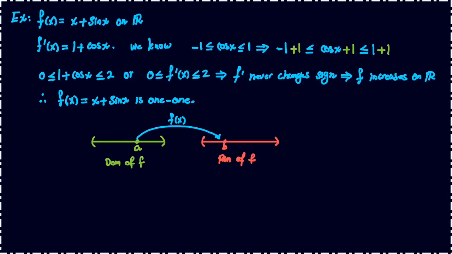So if you want to retrieve a knowing b, we are going to take b and plug it into the inverse function, which is denoted as f with a superscript -1 of x.